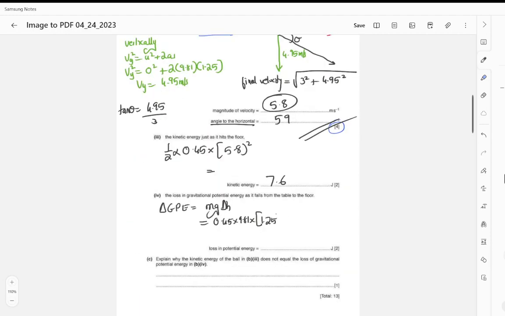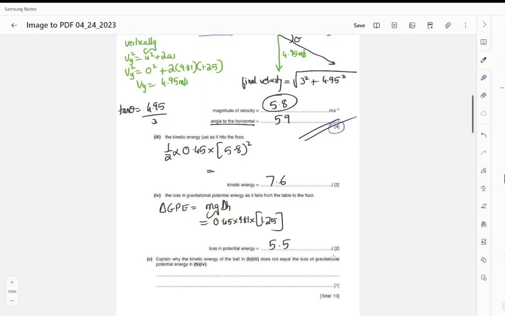That gives me a value of 5.5. The loss is actually 5.5 joules.